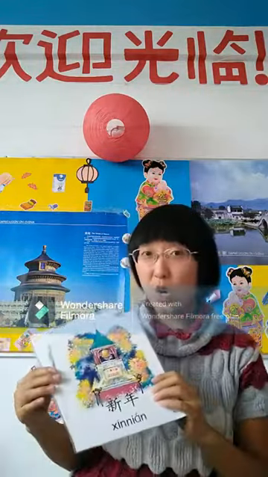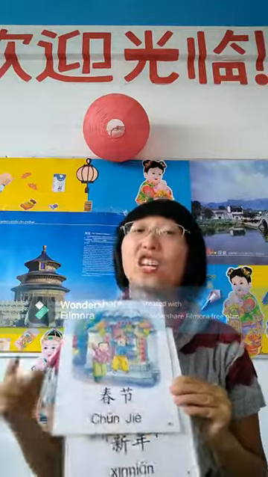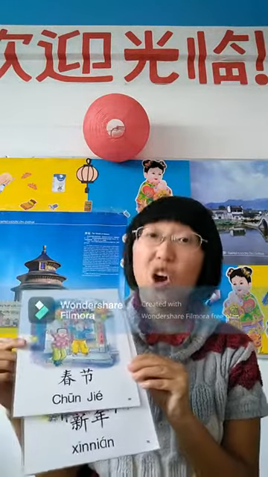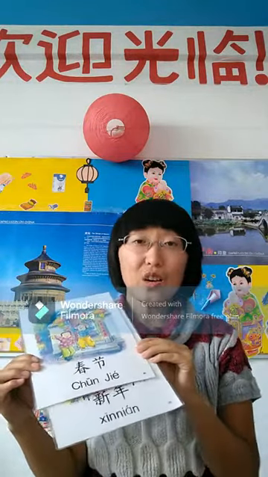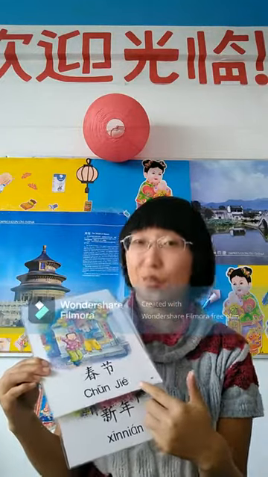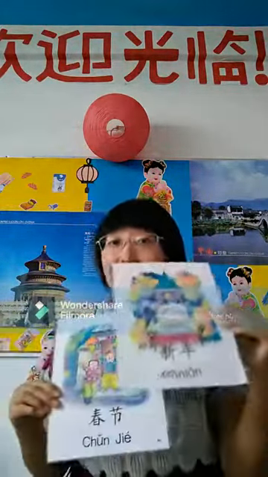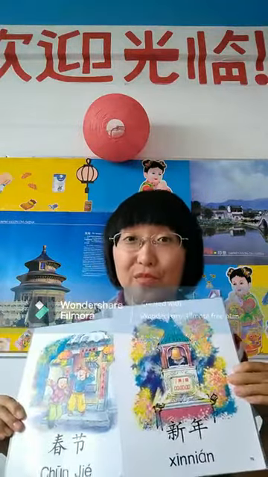New Year is the first day of January, but 春节, Chinese New Year, we use the lunar calendar. So usually Chinese New Year, Chinese Spring Festival, 春节, is on a different date from 新年, New Year.